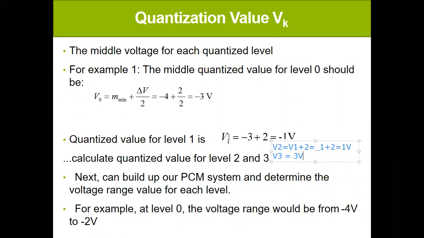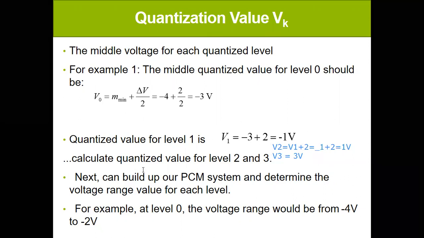So for 4 levels, we have V0, V1, V2 and V3, all the levels. For many levels, like 3 bits, 2 to the power 3, 8 levels, in this way we can calculate the values of all levels.